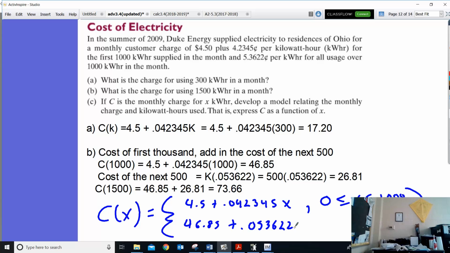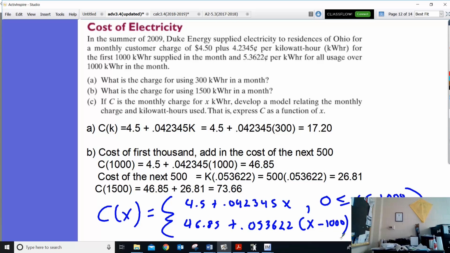So whatever X value you feed this thing, you've got to take away 1,000 from it. I hope that part makes sense. That 1,000 kilowatts, is it accounted for in the $46.85? That's why you take it away. Otherwise, you end up with a bill that's way too high.